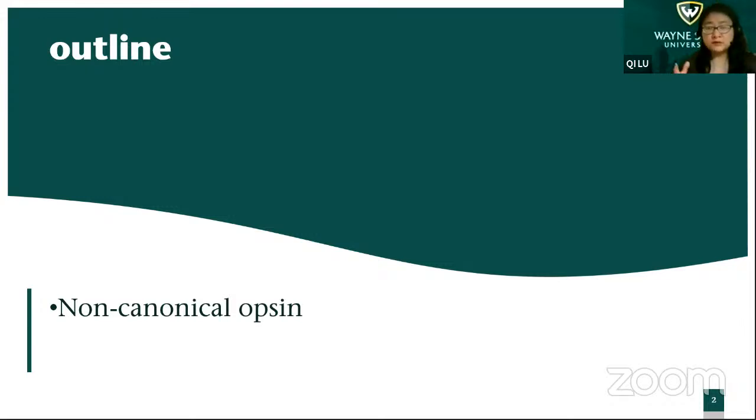Today we'll go through some opsins that are very traditional, but we are going to focus on those non-canonical opsins like parapinopsin, peropsin, and the long wavelength sensitive opsin from the butterfly.